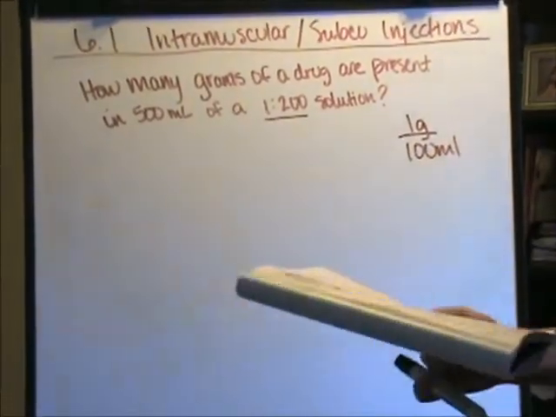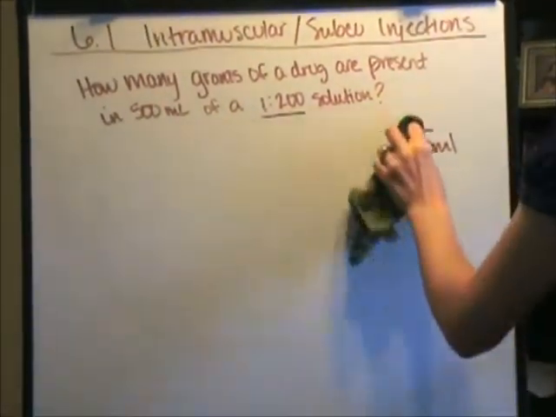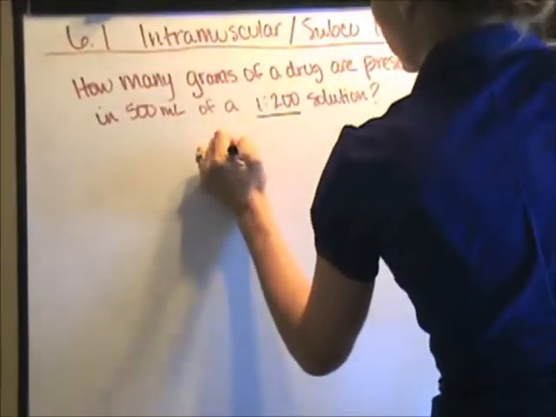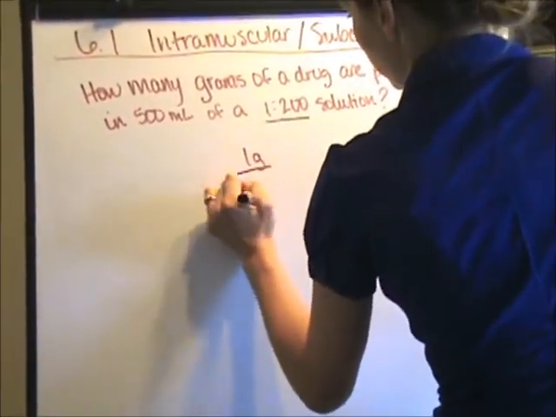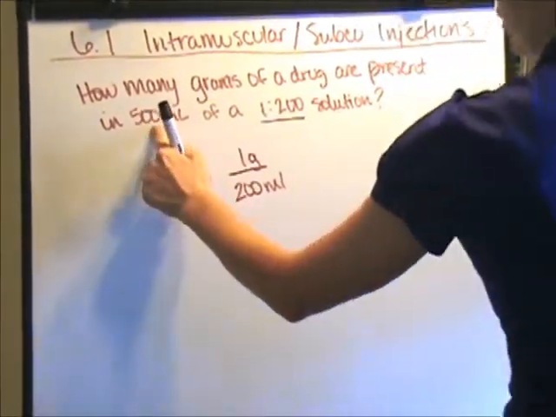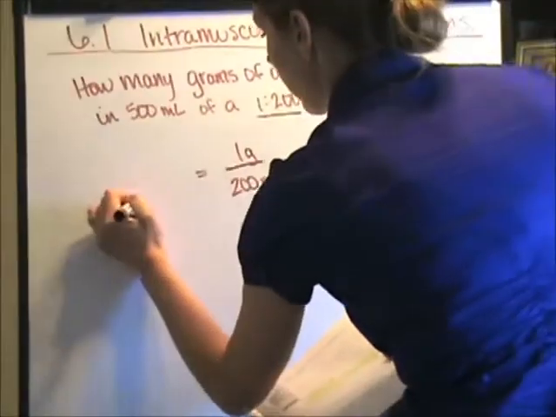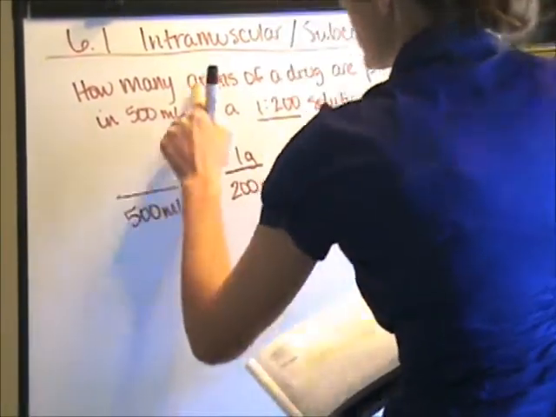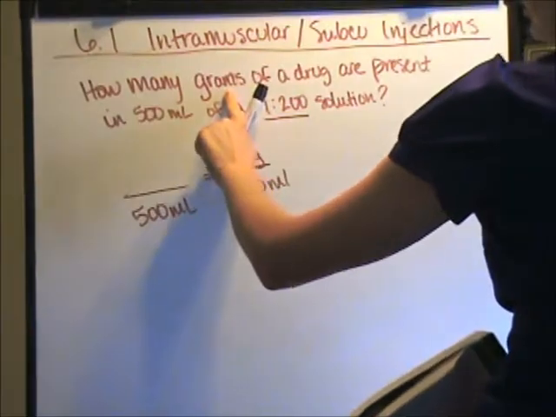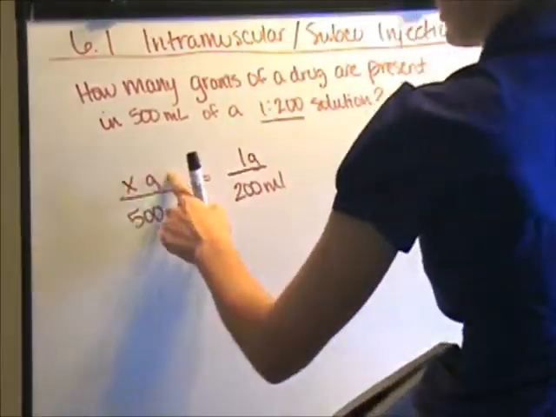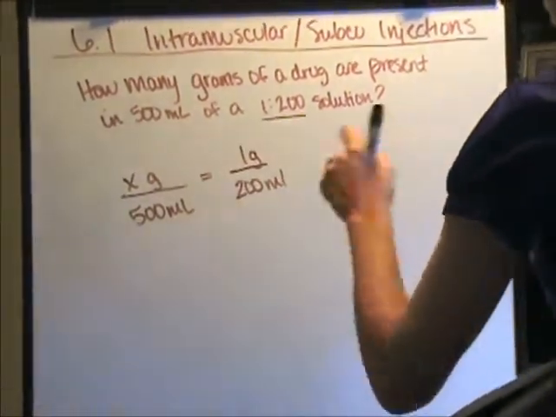So for this example, it's a 1/200, it's going to be 1 gram per 200 milliliters. And we already have our unit over here, 500 milliliters, and we know that we are solving for grams, so that's going to be X, and we want to make sure our units match up, and yes they do.